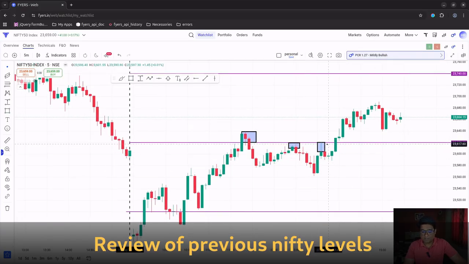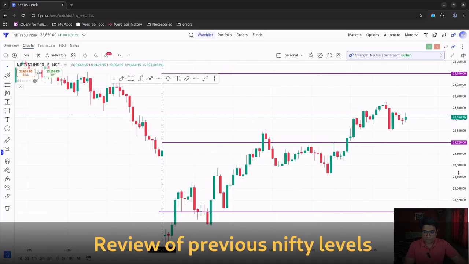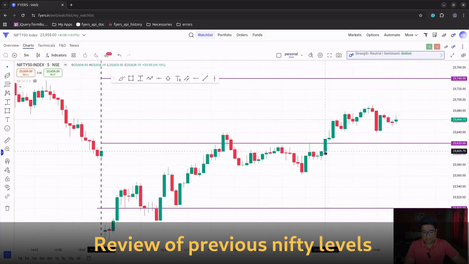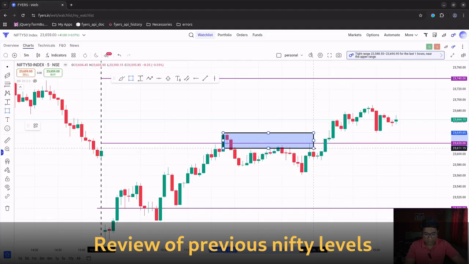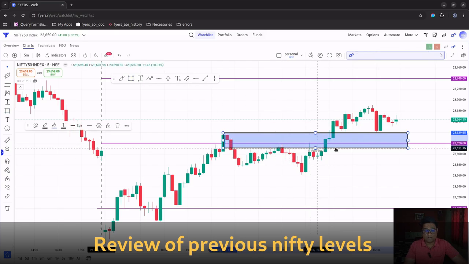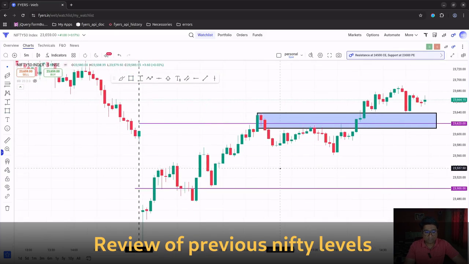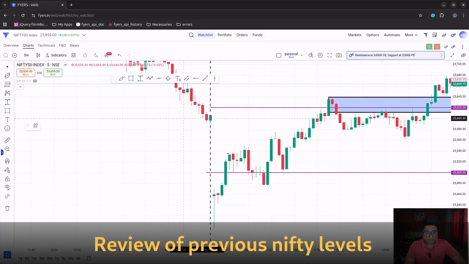If the market has the momentum for the bullish sentiment, it will pierce through those resistances or supports. That's what had happened. With this candle, after this, it created a kind of resistance zone. At a key level, the market generally creates a resistance zone or support zone.